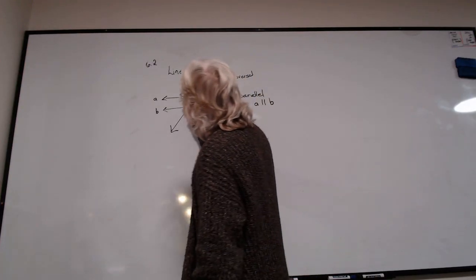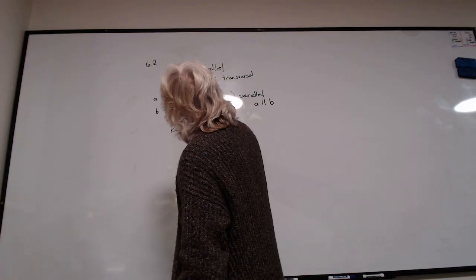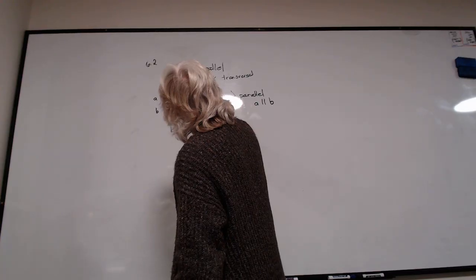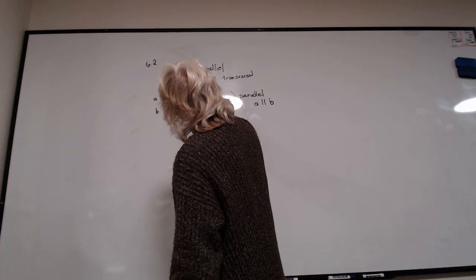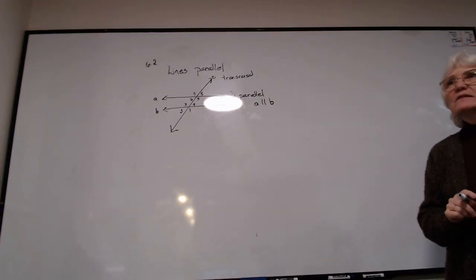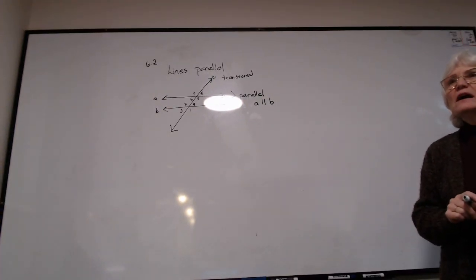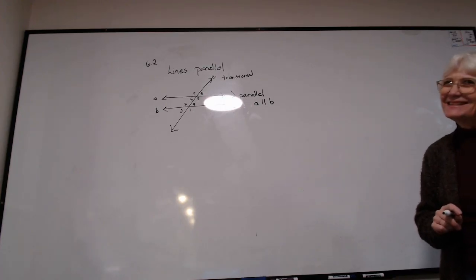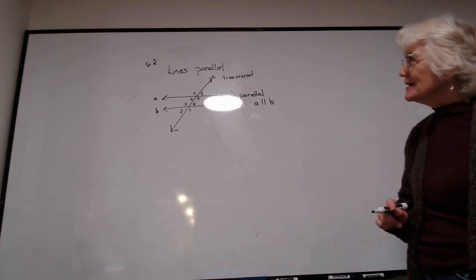Let's number them. 1, 2, 3, 4, 5, 6, 7, 8. Eight angles that we have there. They all have special meanings. It's very interesting.